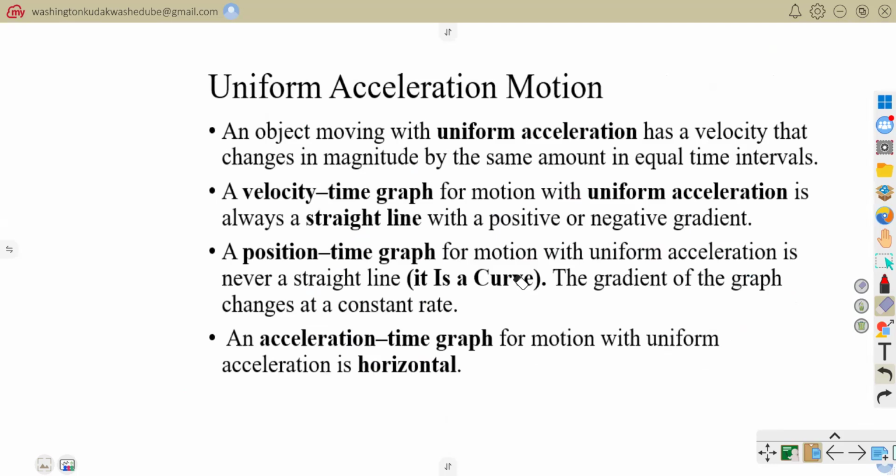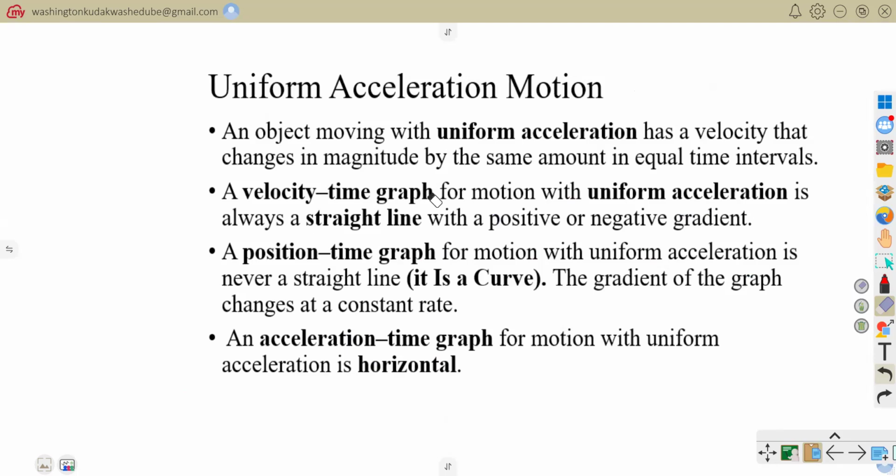Now let's go to what we refer to as uniform acceleration motion. So uniform acceleration motion, we are simply saying that the rate of change of velocity is constant after every time period. So the velocity is changing, but it is changing at a uniform rate.